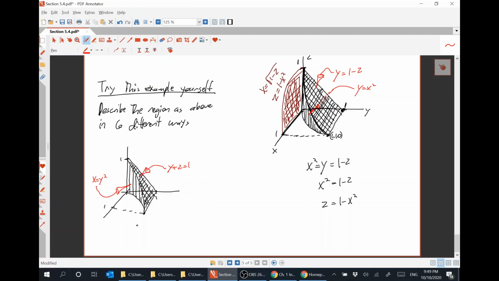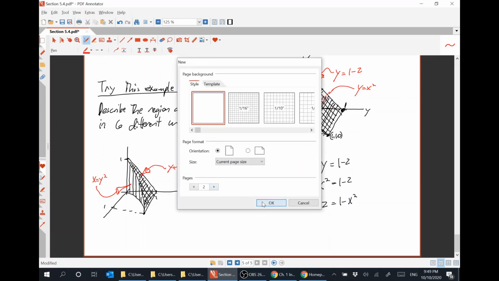Now, how do you apply that to triple integrals? Well, probably you could have guessed this is going to be the case.